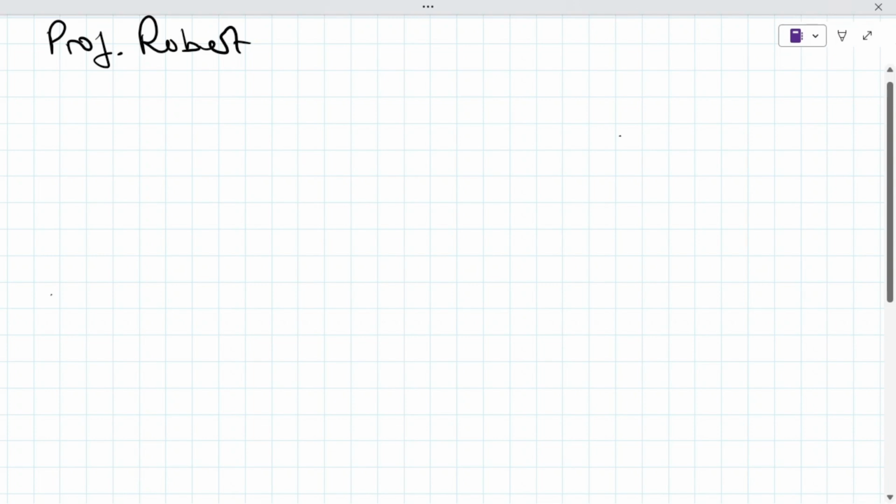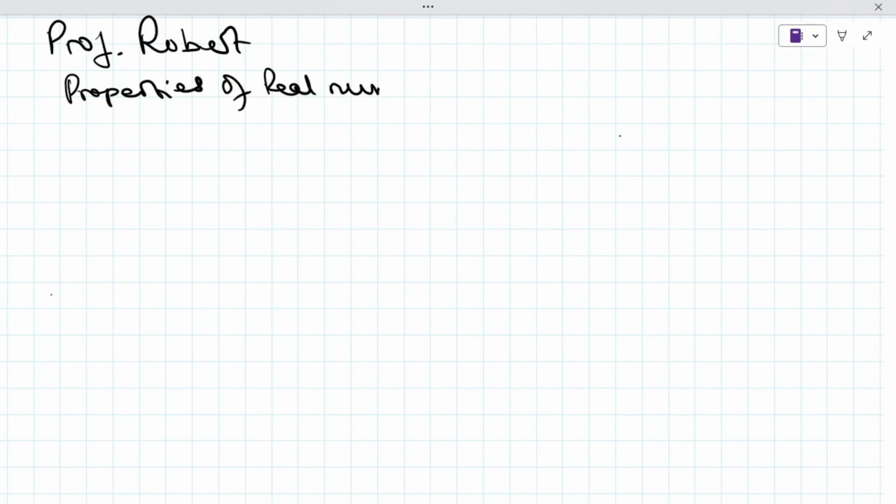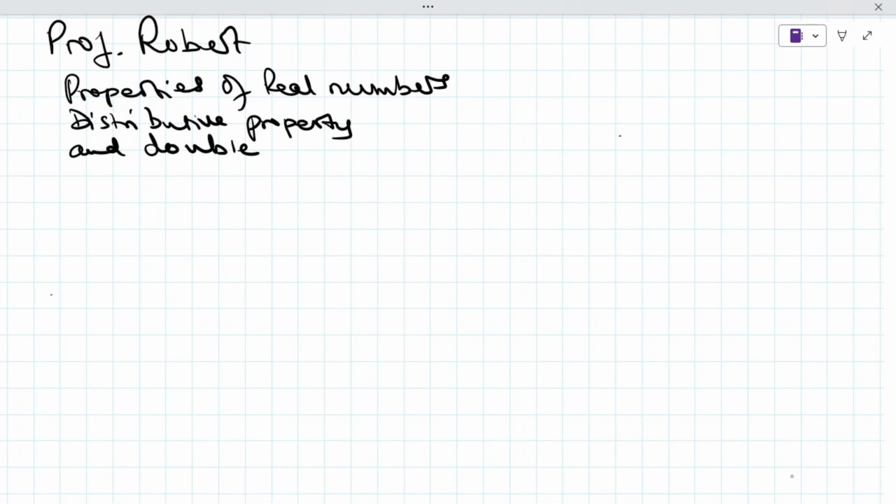And in our today's lesson 8, we will learn about properties of real numbers. And specifically, we'll look at the distributive property and the double negative rule.